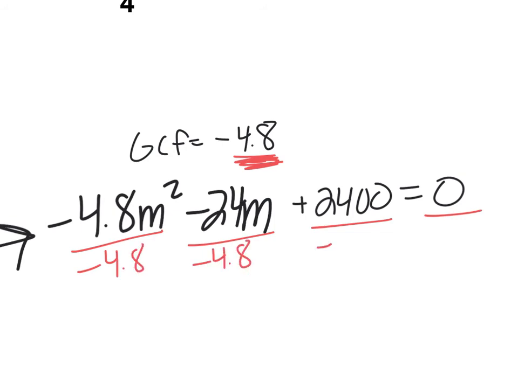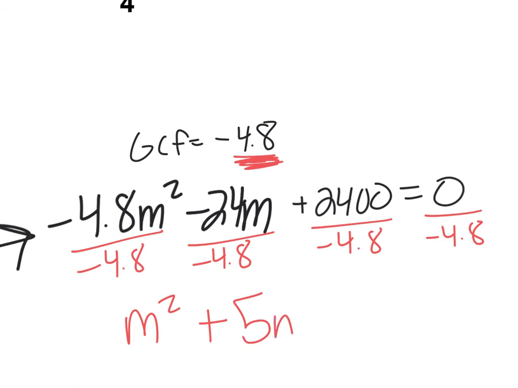Dividing by a number does not change anything. If you divide by a variable, that's going to change and get rid of one of your answers. But in this case, if we just divide, we get M squared, and then a positive 5M, and then negative 500 equals 0.